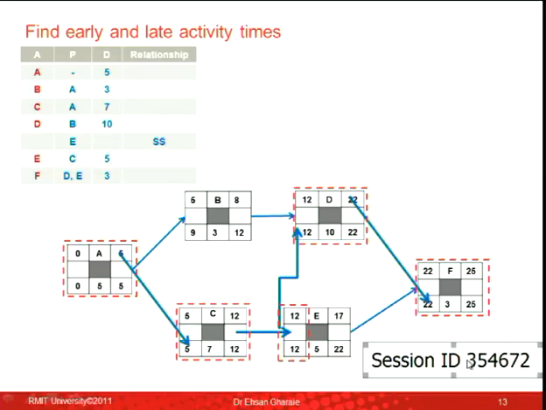And this is possible. Why is the start of activity E critical? Because D is critical, and D depends on the start of E. E has to start, otherwise D cannot start. So the critical path for me would be A, C, start of E, D, F.